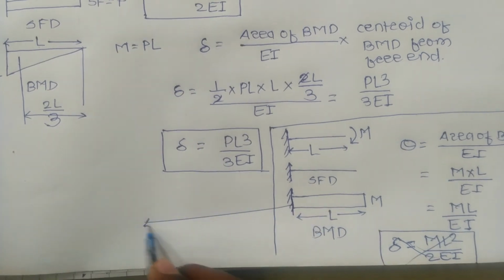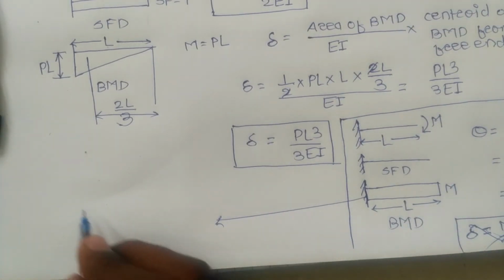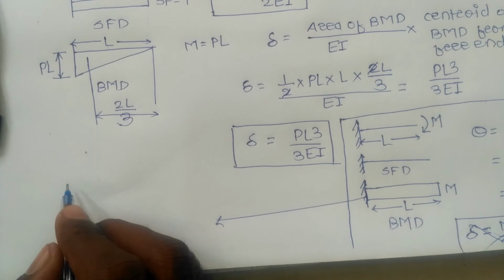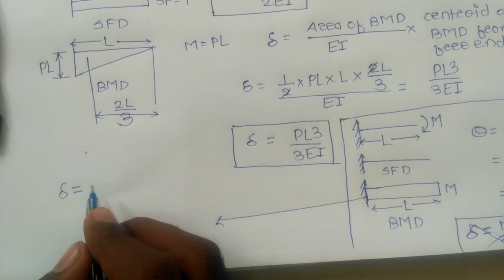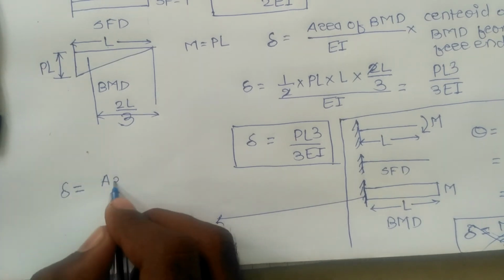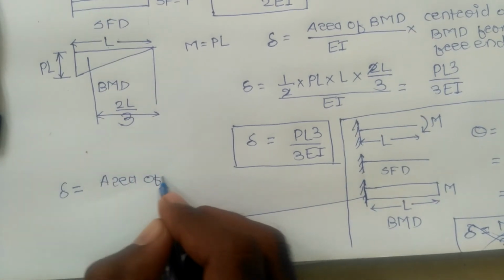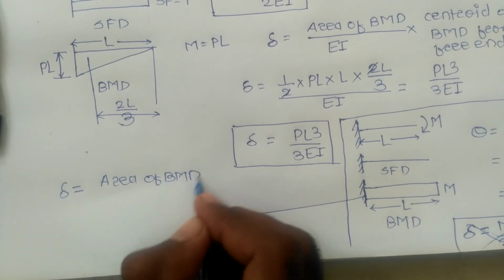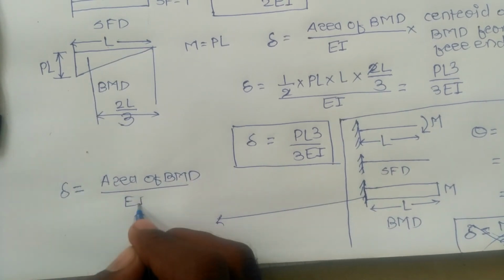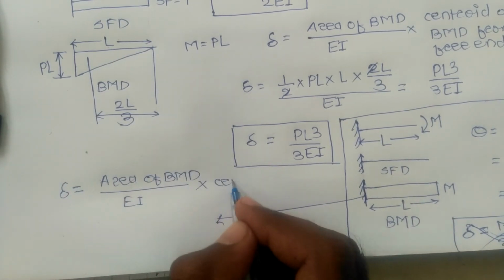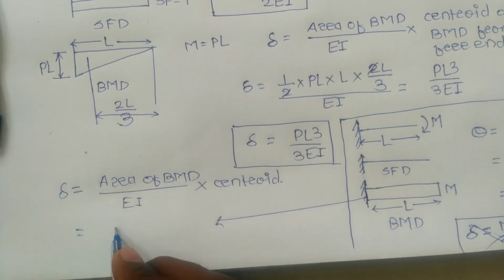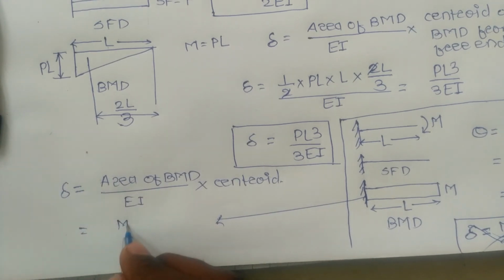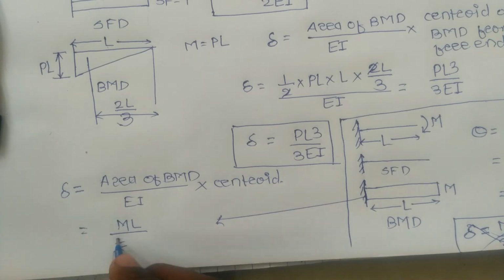Now we calculate the deflection. Deflection is equal to the area of the bending moment diagram upon EI, into centroid. The area is a simple rectangle, so ML upon EI.